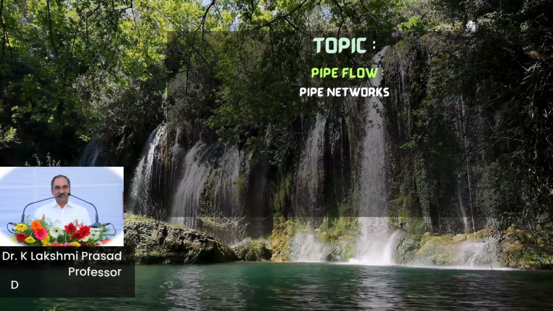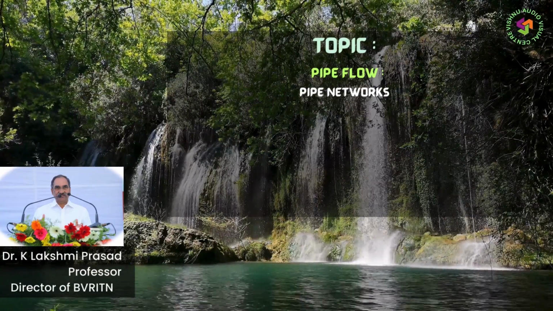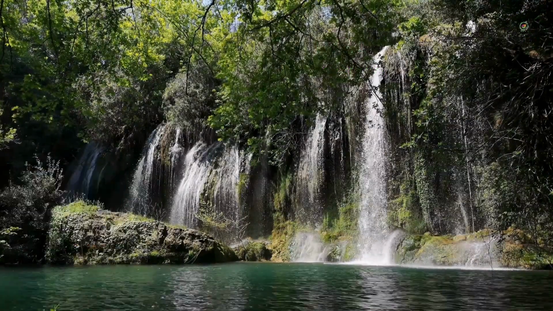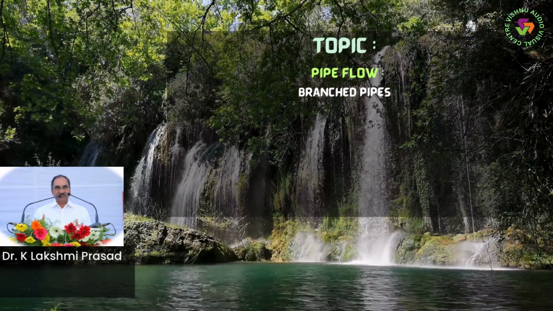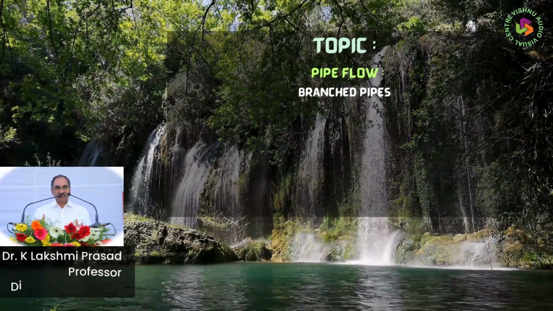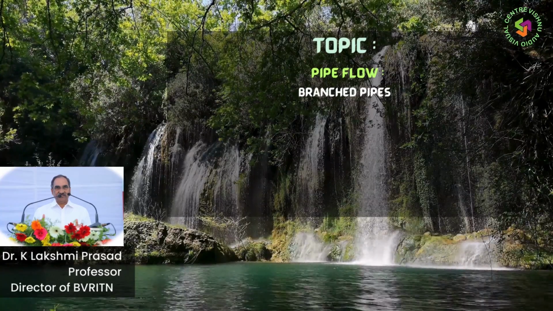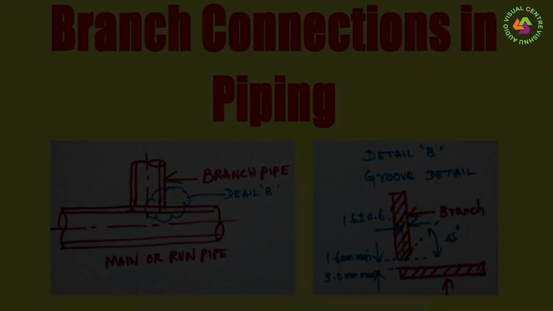So, in the previous lecture, we discussed pipe networks, which are really the practical application of pipe flow analysis. We discussed the necessary conditions to be satisfied in the case of a pipe network.